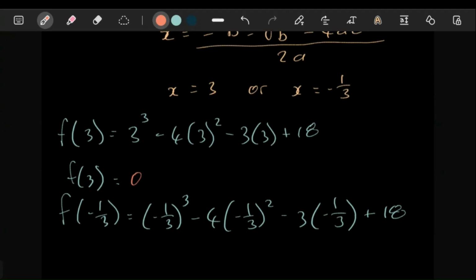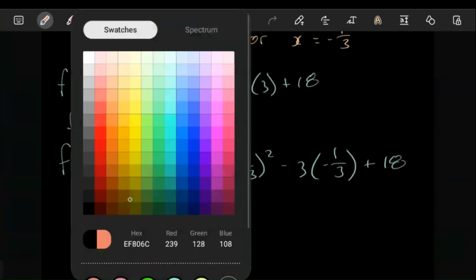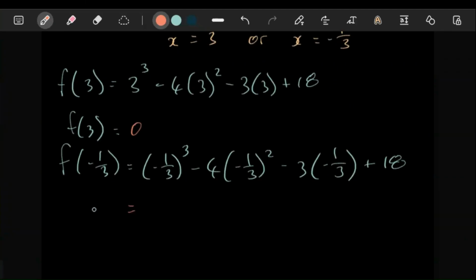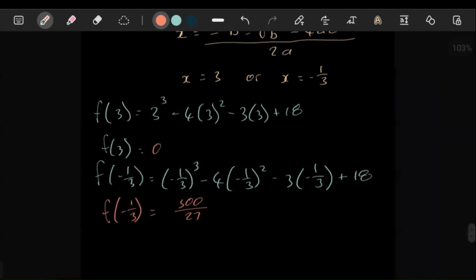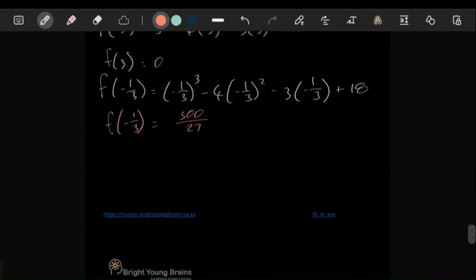So for the negative a third, it is 500 over 27, which is a bit expected. It's a weird number, but negative a third is a fraction, so putting it all into this expression, it's not too alarming. 500 over 27. There we go. So if you write them like this, they're coordinates. You're fine. Let's move on to the next question.